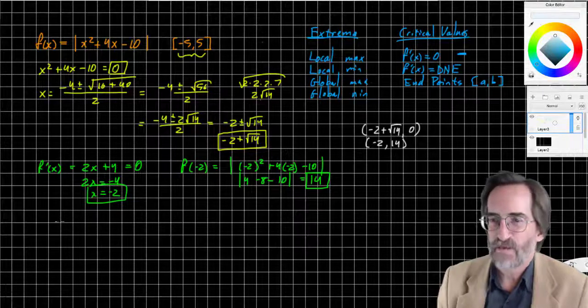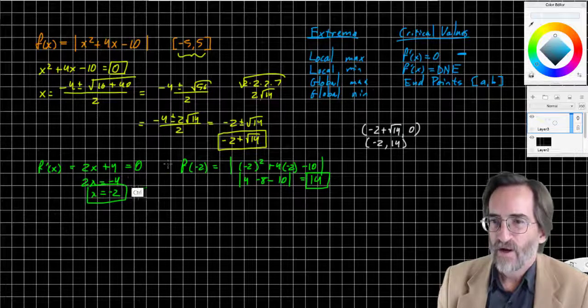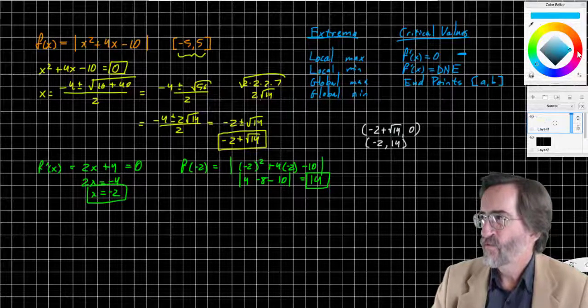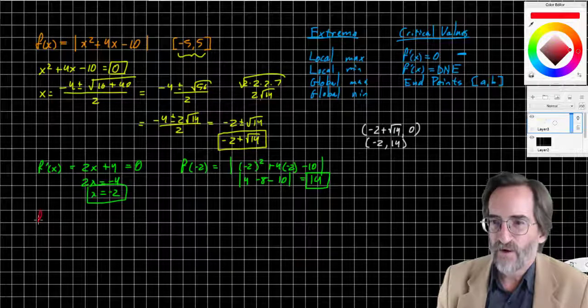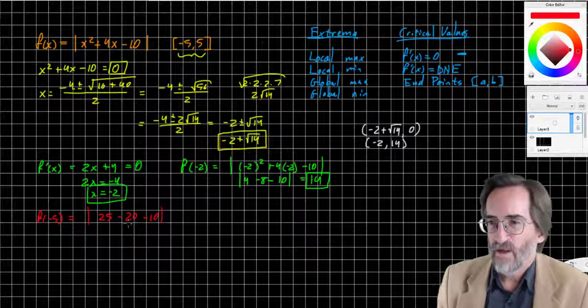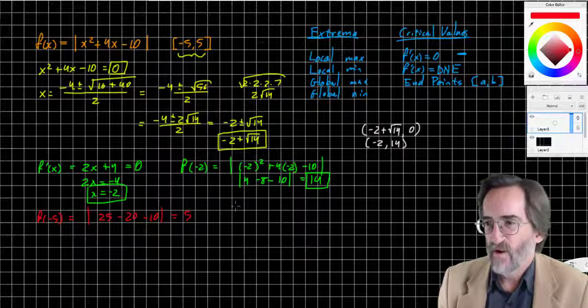What is f of negative 5? F of negative 5 is the absolute value of 25, minus 20, minus 10, which is minus 5, so the absolute value is 5.